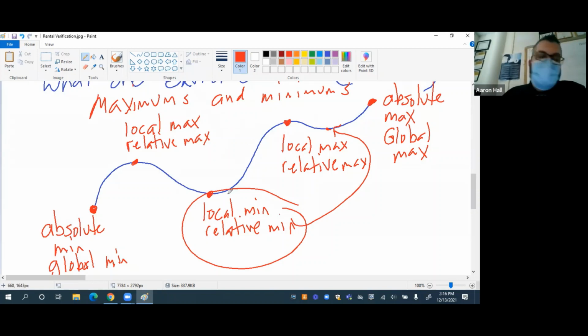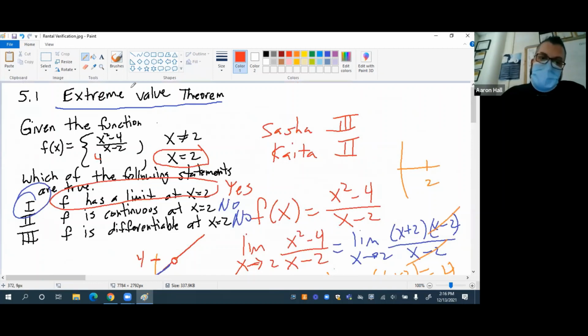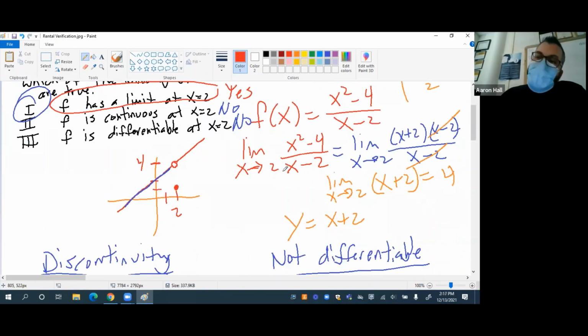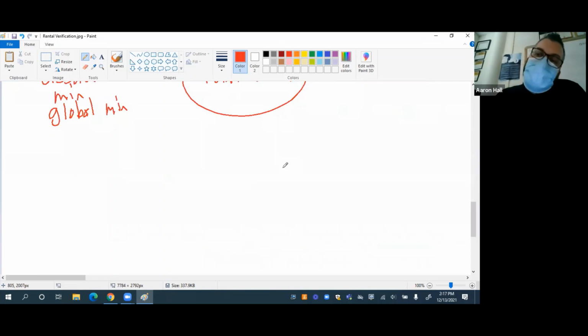All right, so if we know what an extreme value is, what is the extreme value theorem? Before I define it, because it's a relatively easy idea, I don't want to get too wordy.